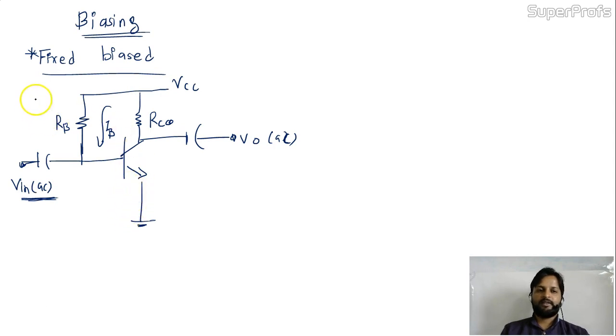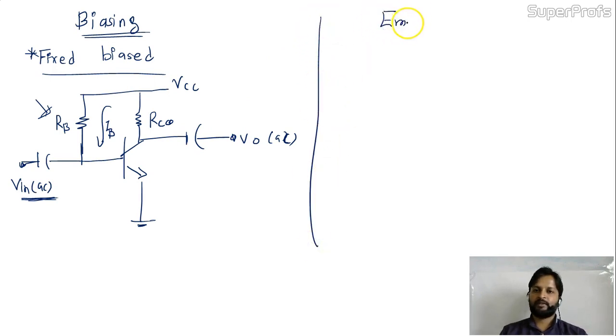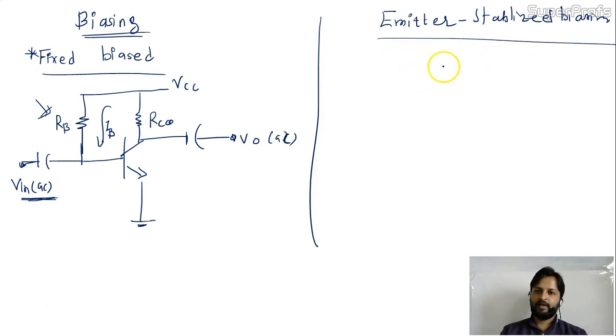Later we'll see the same thing in the problems also, so the doubts on how to solve fixed biasing will be cleared. Fixed biasing is over. Now I'll come to emitter stabilized biasing. In emitter stabilized biasing, I applied an emitter resistance only.